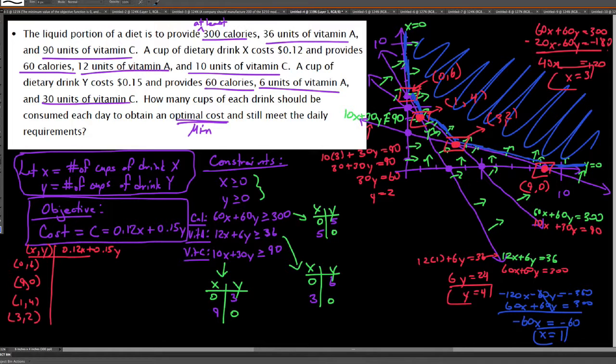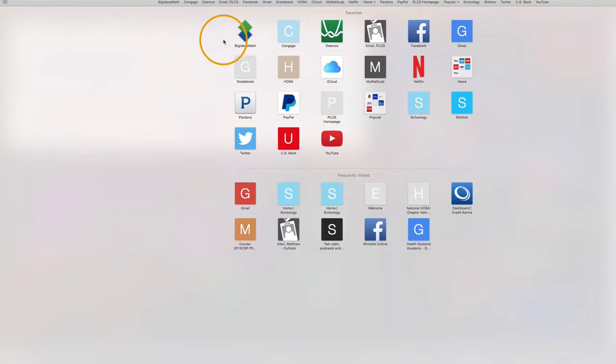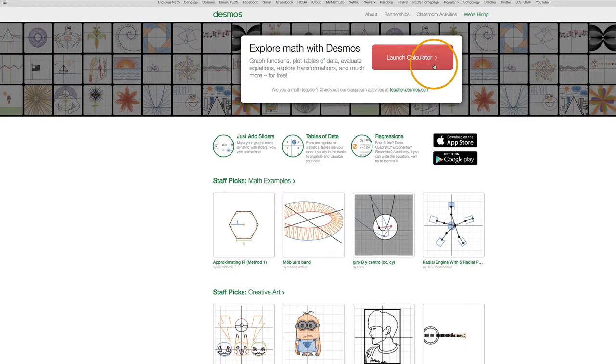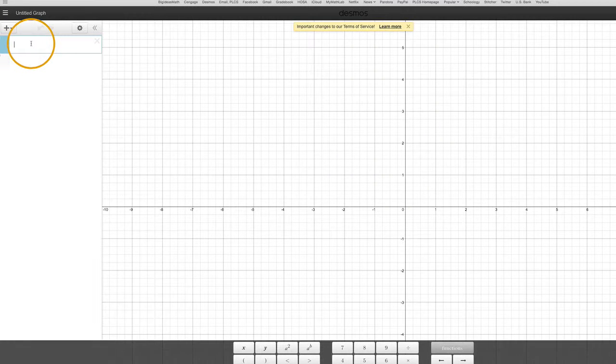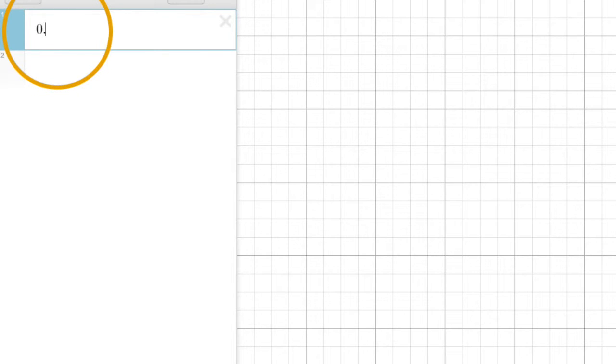I'm going to cheat a little bit on this video and head over to Desmos, and we'll just set up an expression to put these in. I only need the calculator portion of this. Basically we have 0.12 times an x value, 12 cents for every x, plus 15 cents for every y.